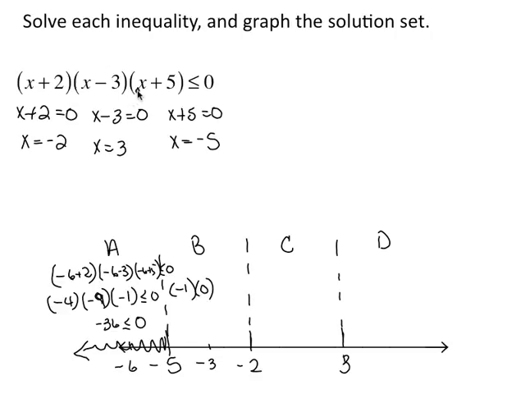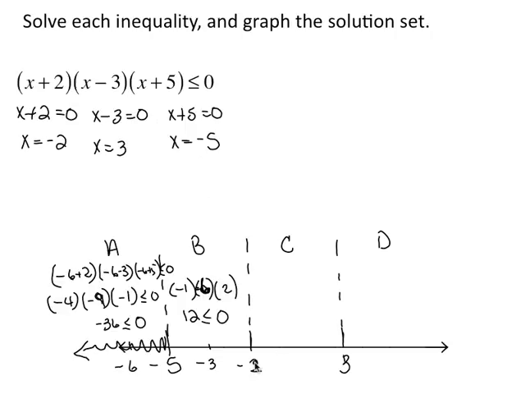And then negative 3 plus 5 is going to give me a 2. So then when I do this, I get negative 1 times a negative 6, that's a positive 6, and 6 times 2 is 12, and 12 is not less than or equal to 0. So we can't include these points.